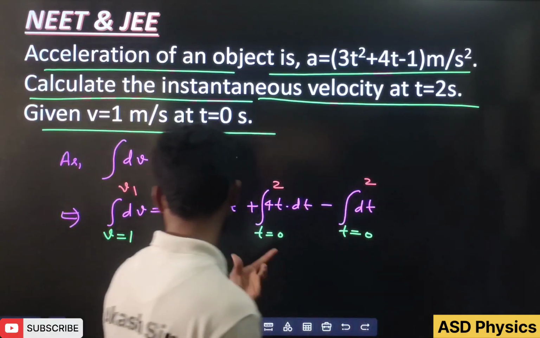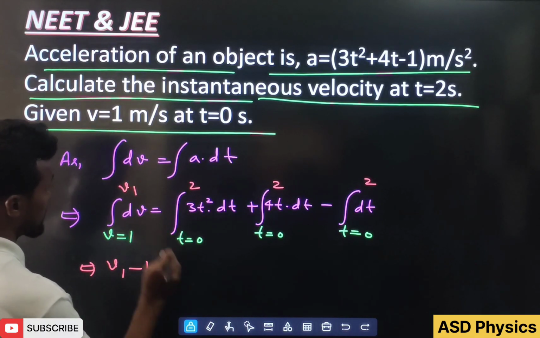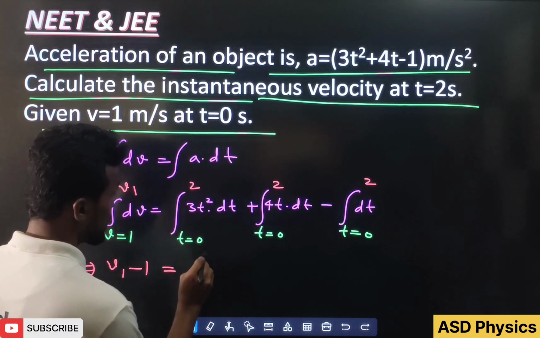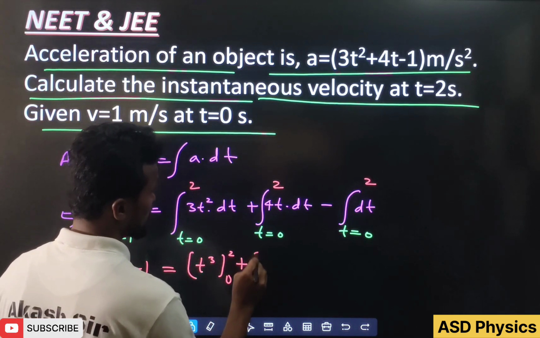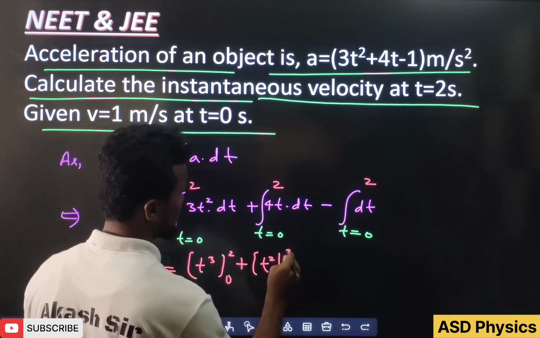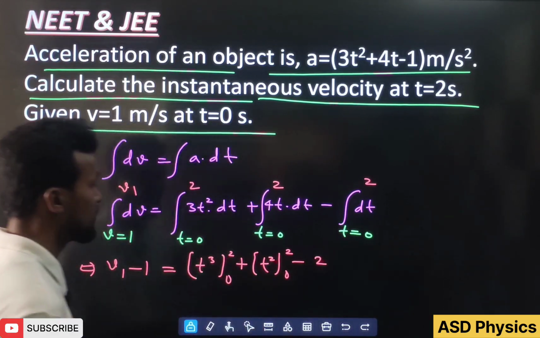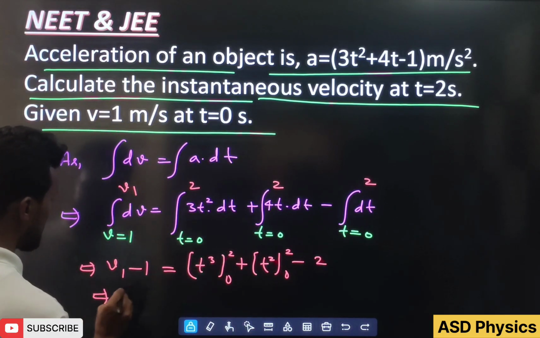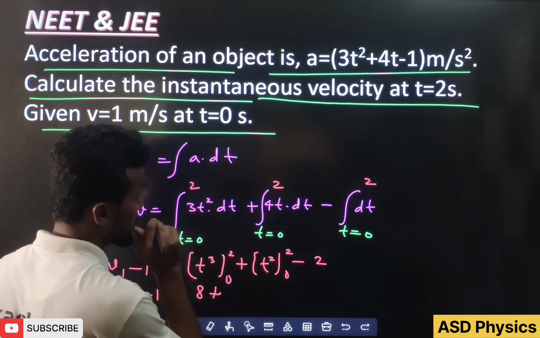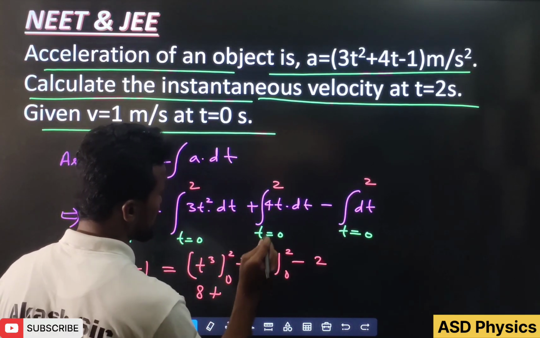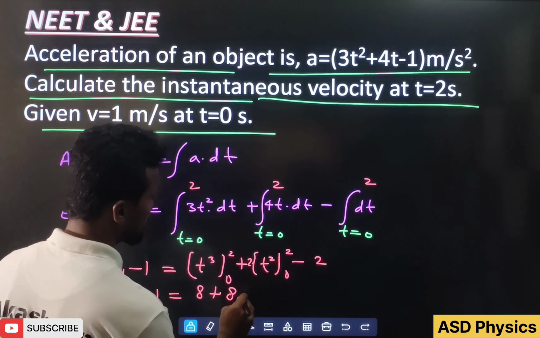So when you simplify this, v1 minus 1 is equal to t³ from 0 to 2, plus t²/2 from 0 to 2, directly I am writing here. It will come 8, and this will come 2 also, because t² by 2, 4 by 2 means 2.